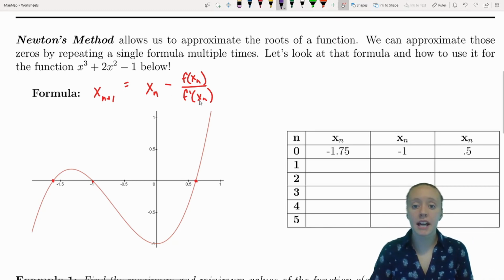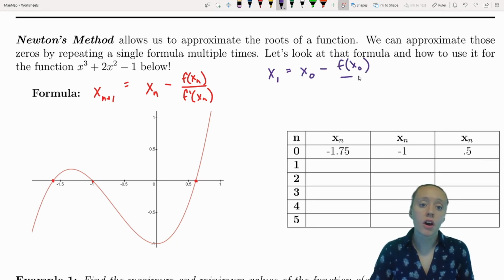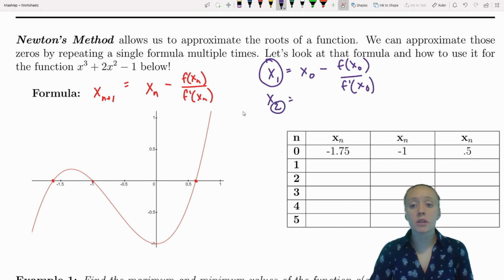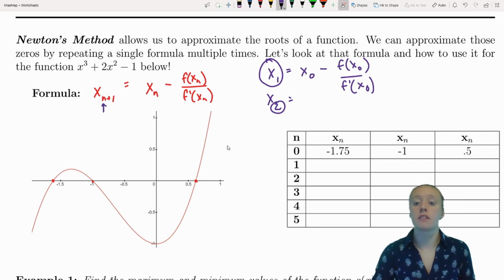And when we plug in x sub 0, plugging in 0 for n, x sub 1 is going to be x sub 0 minus f of x sub 0 all over f prime of x sub 0. And you can see that x1 output is going to be my input for x2, because in order to get x sub 2 here, I need to plug in an n value of 1.